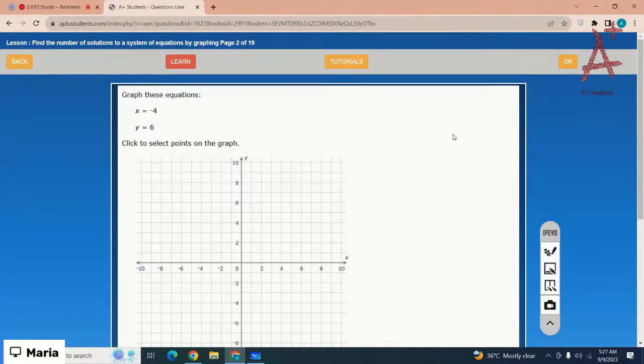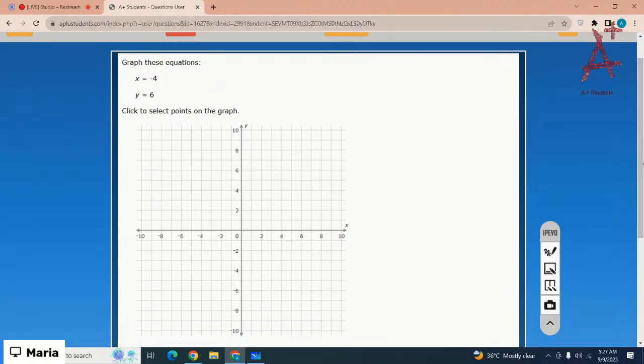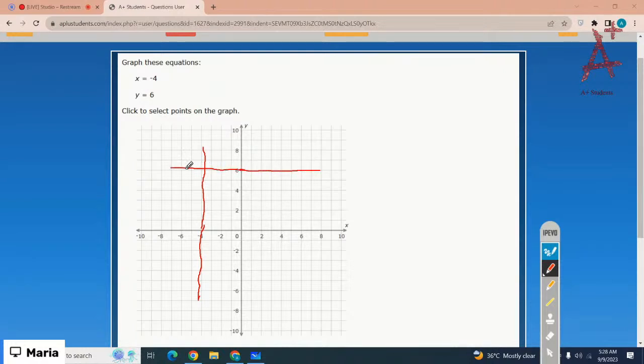Okay, the next one is x equals negative 4 and y equals 6. Here is x equals negative 4, right? The line would be like this, the straight line at negative 4. Then you have y equals 6. Here it is, right? This is the point of intersection.